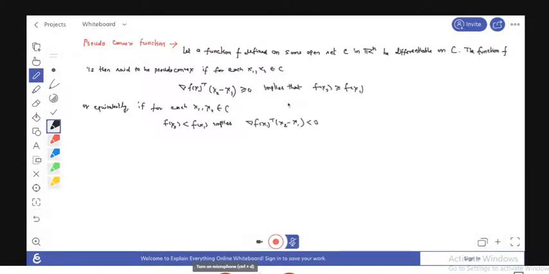Okay. So either this or this, if this condition is satisfied, then you say that this function is pseudo-convex function.